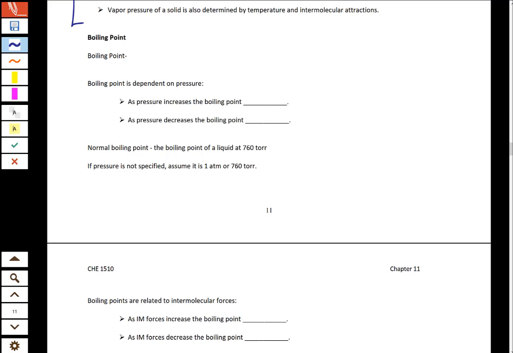Boiling point is when the atmospheric pressure equals the vapor pressure above the liquid.